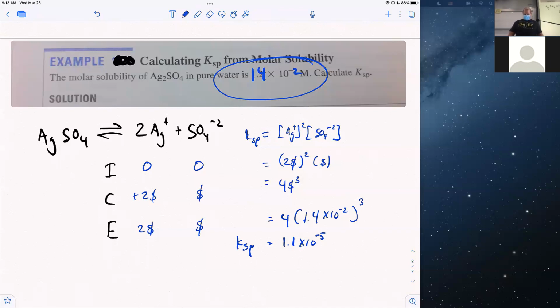We set up the same way, but instead of solving for solubility this time, we write our solubility product constant expression, and similar thing where you get KSP equals 4 solubility cubed. But this time we know solubility, we don't know KSP, so we just put in the solubility and then, rounding to 2 sig figs, get the KSP.